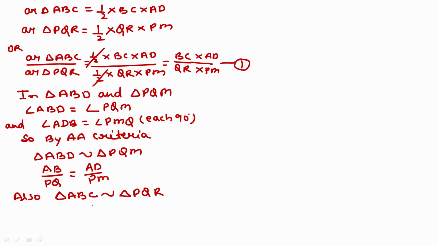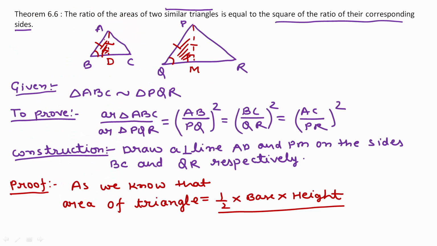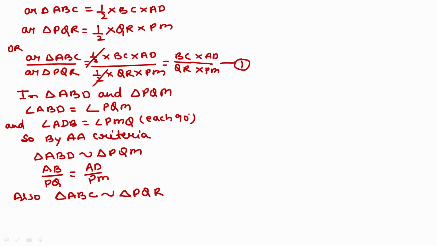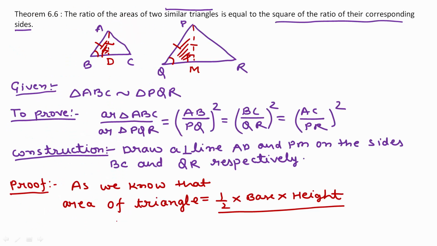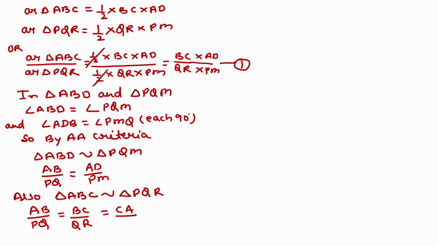So the whole triangles ABC and PQR are similar, so their corresponding sides are in the same ratio, that is AB upon PQ is equal to BC upon QR is equal to CA upon PR.